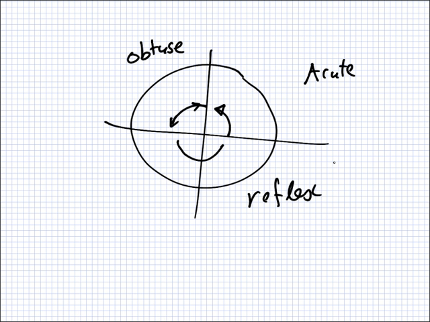I think it's radians. This is also called quadrant 1, quadrant 2, quadrant 3, reflex.